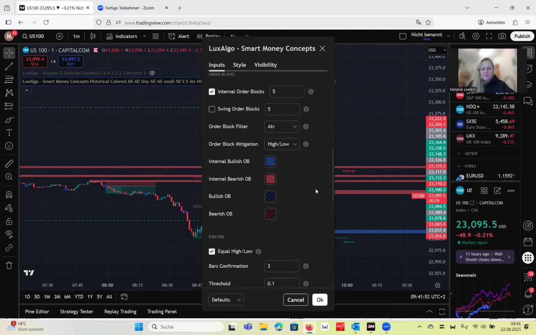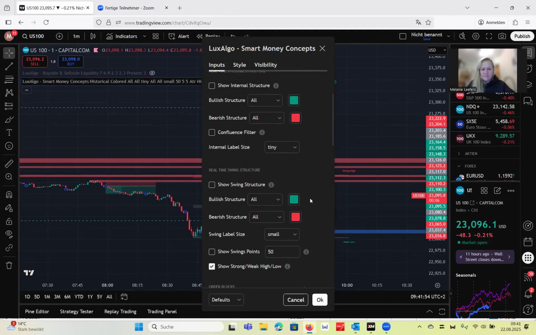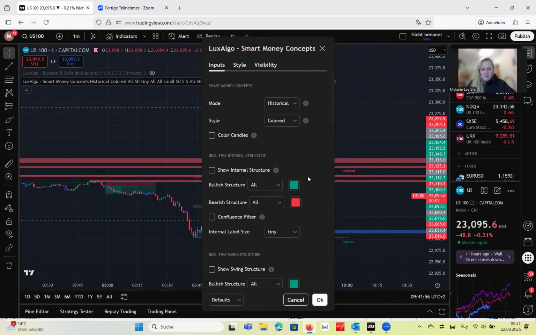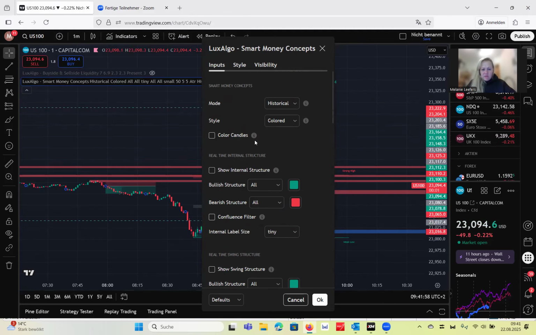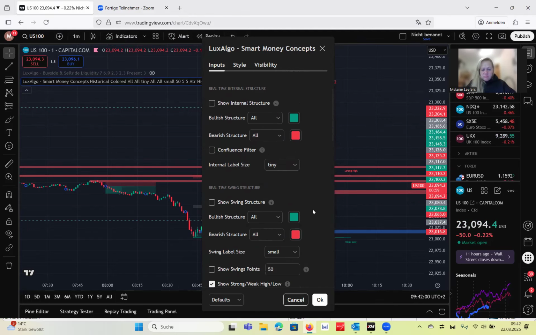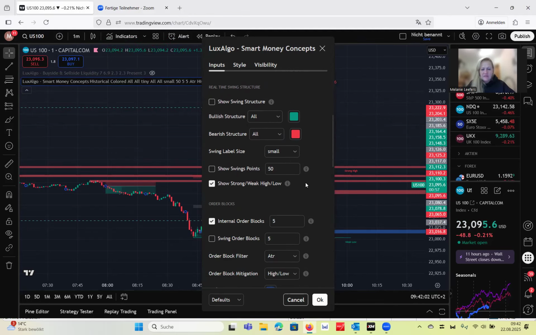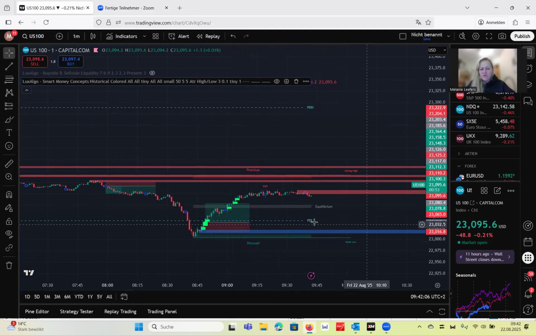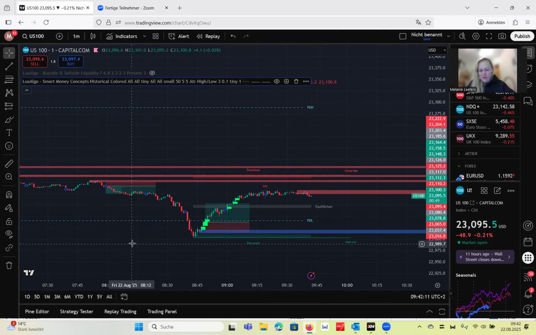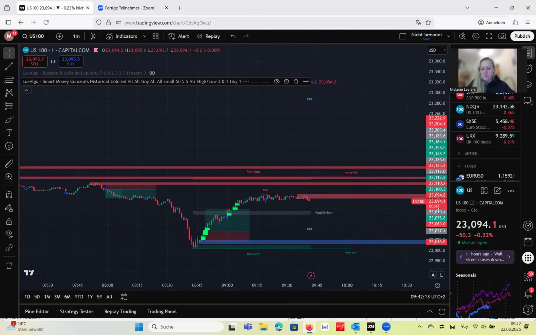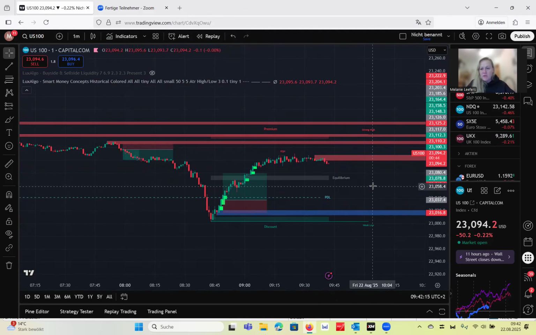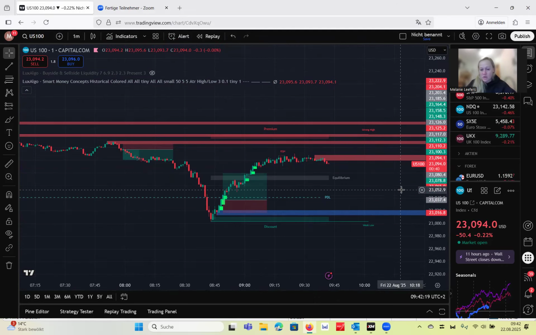What I don't use are the color candles, the break of structures, and the change of characters, because they are really late, and this is where you mostly get out of a trade in a loss. So I don't use it.